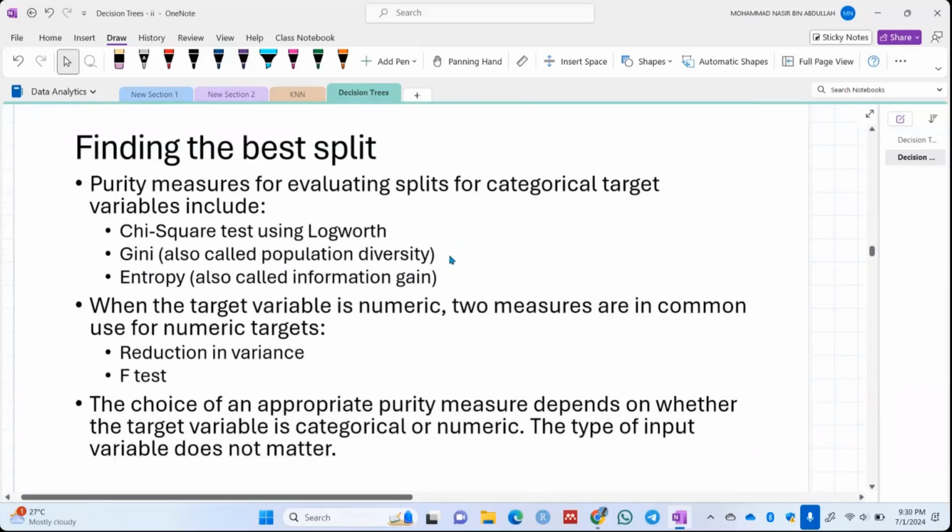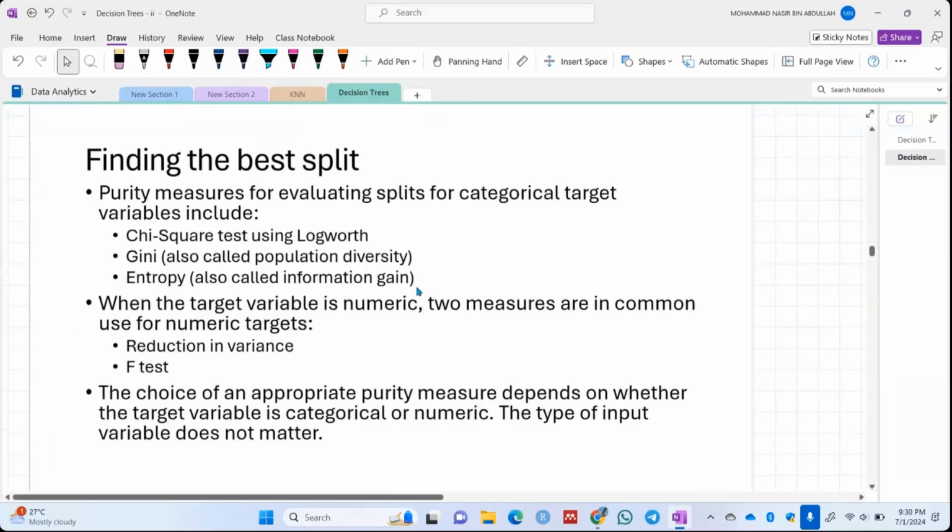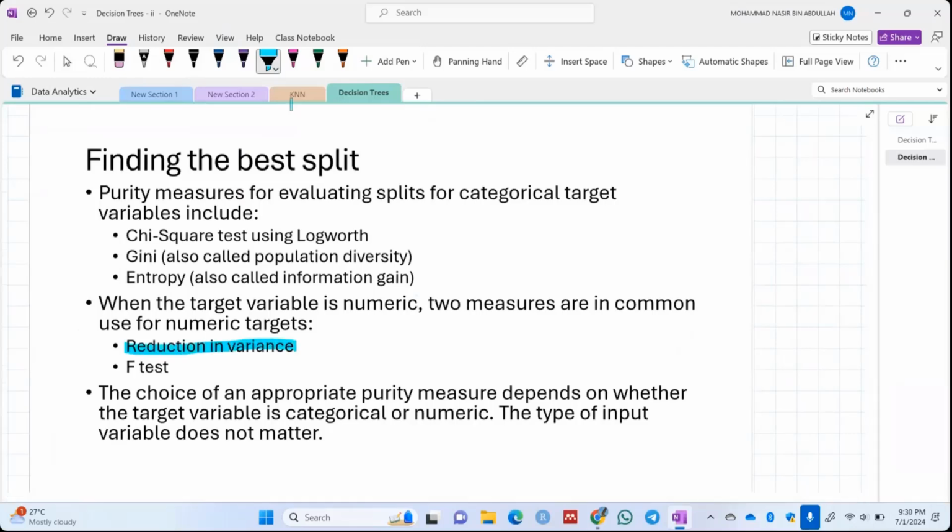So now, finding the best split. As I said just now, for regression trees we use reduction in variance, reduction in standard deviation, and another one is the F-test. For classification, there are three popular methods.